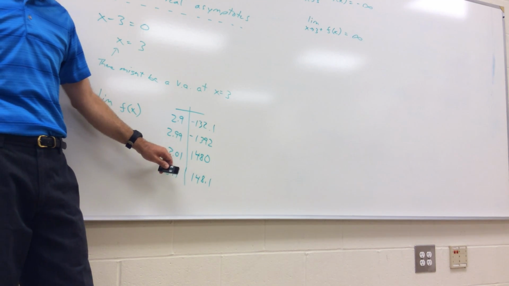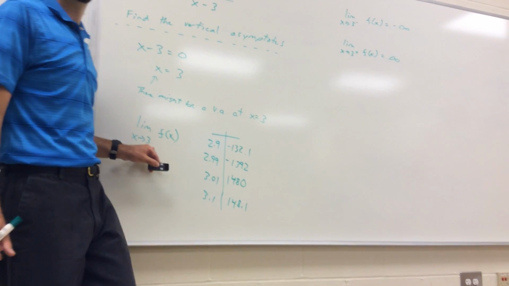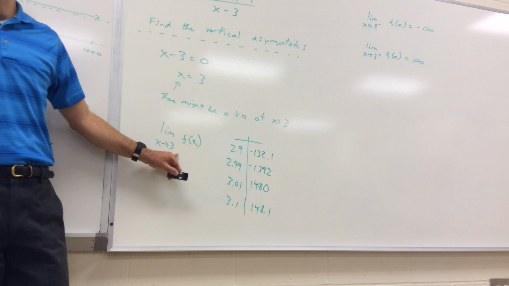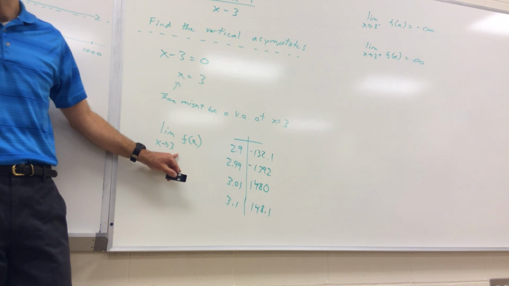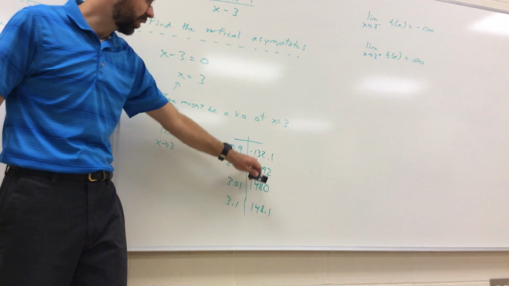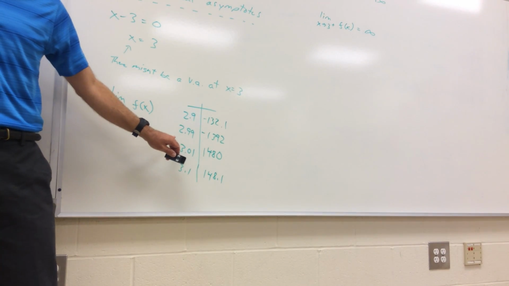Everybody doing okay? Okay, so what that means is, if you try this limit and it comes out to negative infinity or infinity, that confirms that there's a vertical asymptote there. So it's possible that these would have been getting close to 2, and then it wouldn't have been a vertical asymptote.